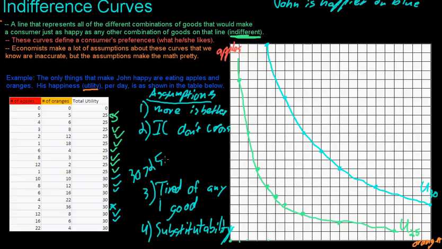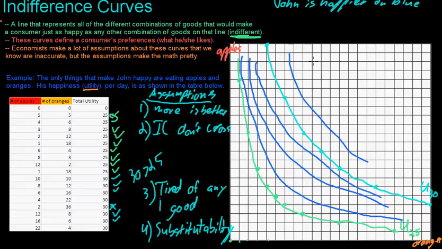So the last thing that I want to say is I said that John has infinitely many indifference curves. What I mean by that is that there is an indifference curve that goes through every single combination of apples and oranges. So there's an indifference curve here, and another one here, and another one here, and then there are ones all the way out here and in every spot in between.